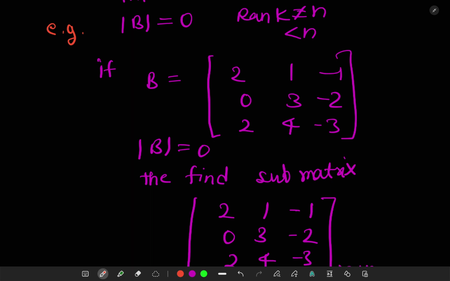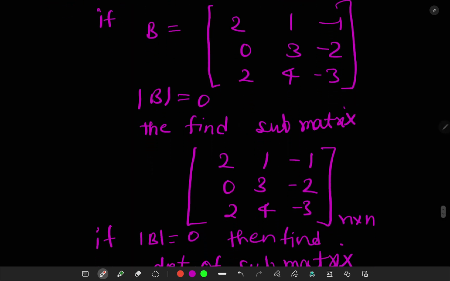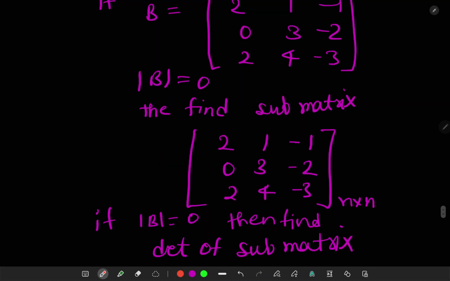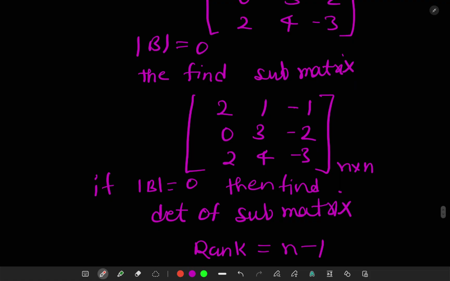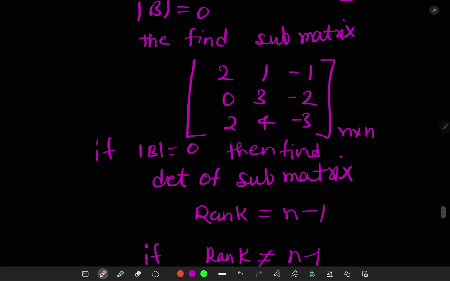Example: if B is equal to this and its determinant is equal to 0, then to find the rank of the matrix, find the submatrices, like that.